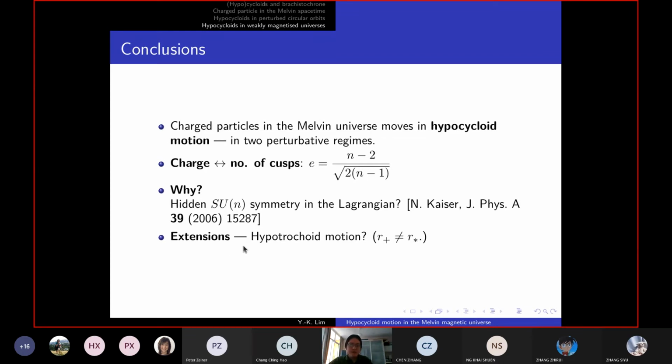For example, I have been focusing on the cases with sharp corners, r plus equals r minus, and Ching Hao has pointed out that when they are not equal, these are trochoids. So one should generalize and see whether you can get more general hypotrochoid motions in this space-time. This project is not difficult. It can be a Europe's project or an FYP project. If any student wants to do it, let me know.